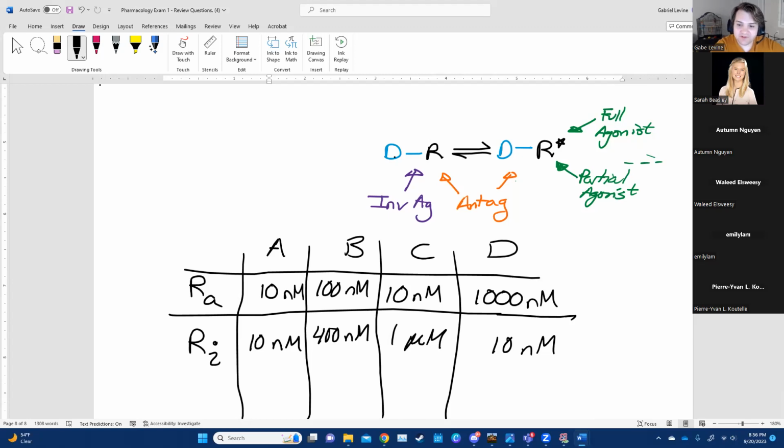Looking at this, drug D has much, much higher affinity for the active than for the inactive.